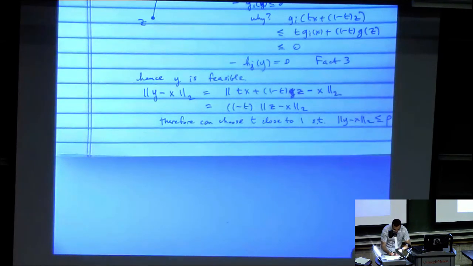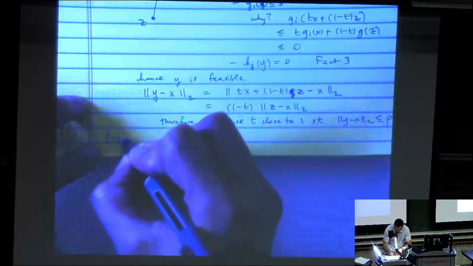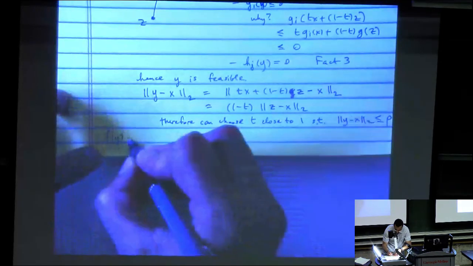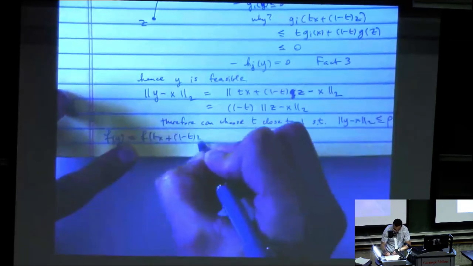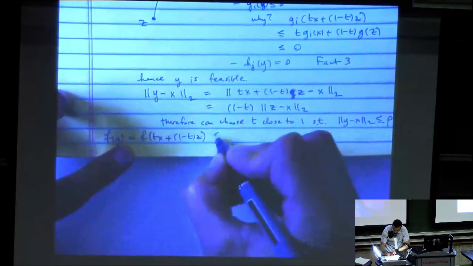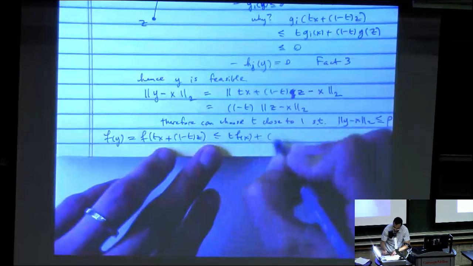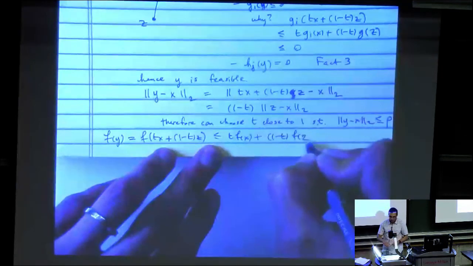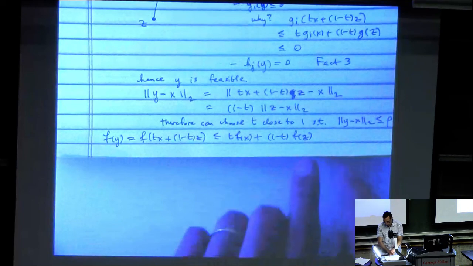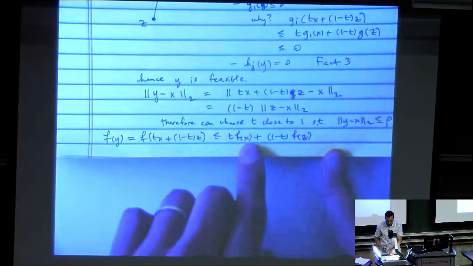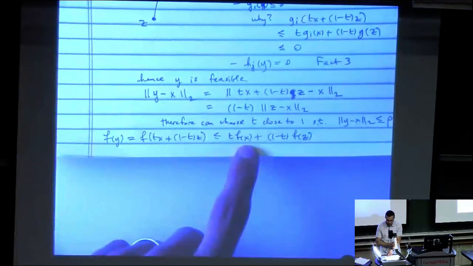So let's do that. If I look at f of y, that's going to be f of tx plus (1 minus t) z. And that's less than or equal to, by convexity, t f of x plus (1 minus t) f of z. And now you should convince yourself that f of z is strictly smaller than f of x.